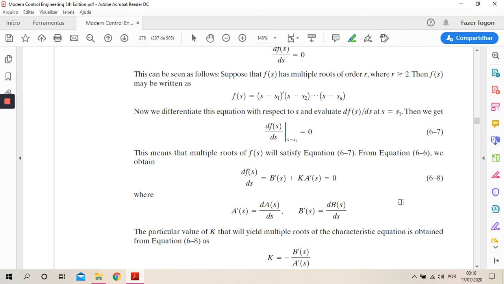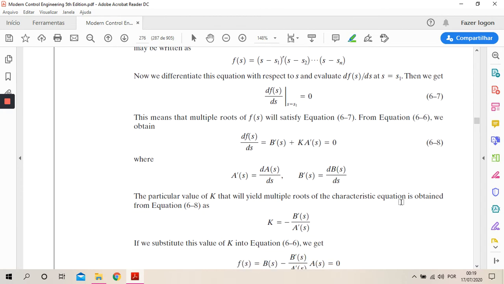I have consulted other materials by MIT, which is considered the best school of engineering in the world, and they have demonstrated to me that the best technique to find the breakaway points is to assume that the gain has a maximum at the breakaway point. And this book is going to gravitate around this technique as well, but this book follows other procedures.